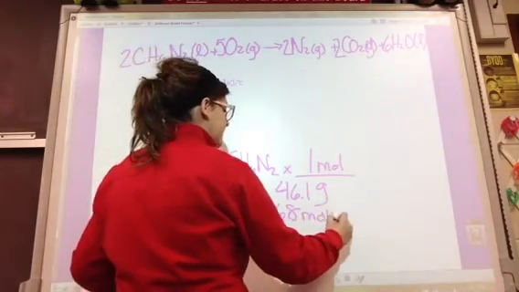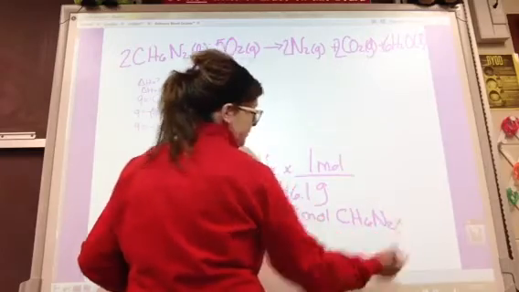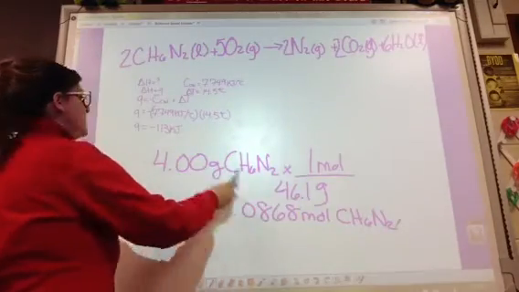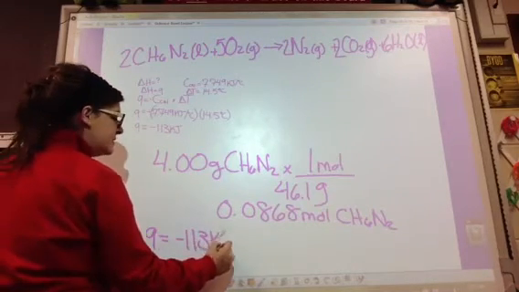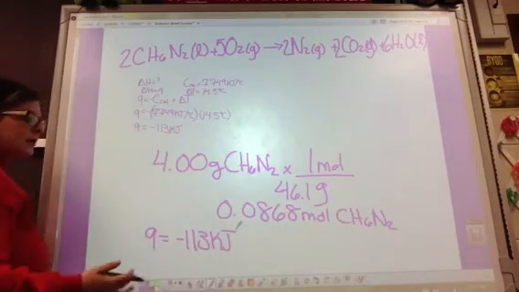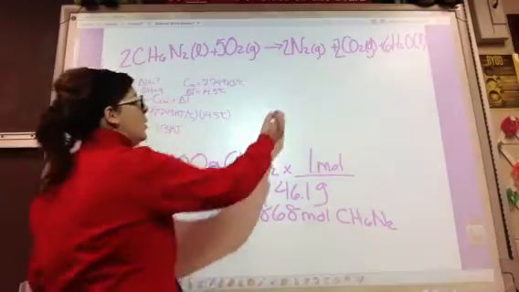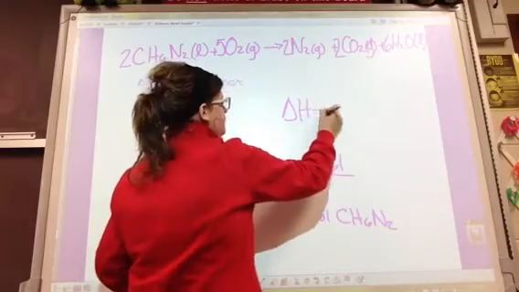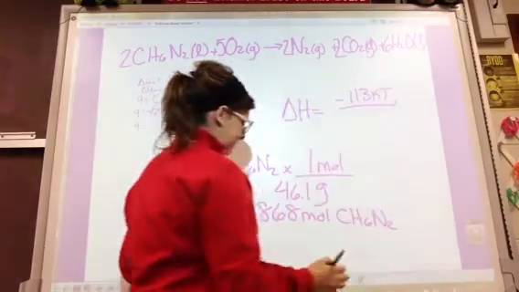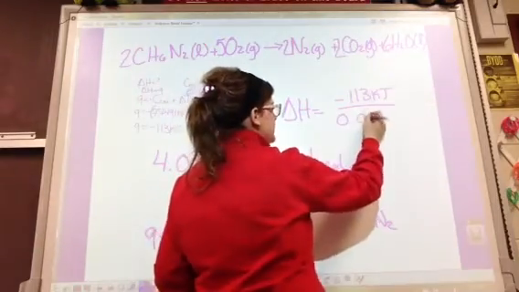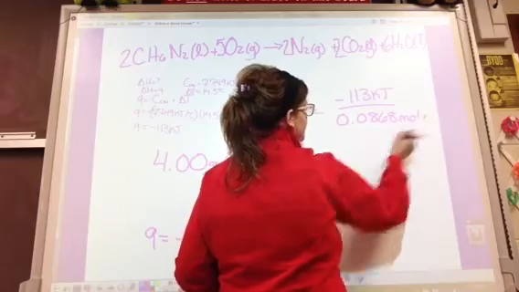0.0868 moles of CH6N2. So now I have moles, and I also know that Q was negative 113 kilojoules. So to find that overall kilojoule per mole, that delta H, I'm going to take my Q, divide it by the number of moles. So delta H will equal a negative 113 kilojoules over my number of moles here, which is 0.0868 moles.